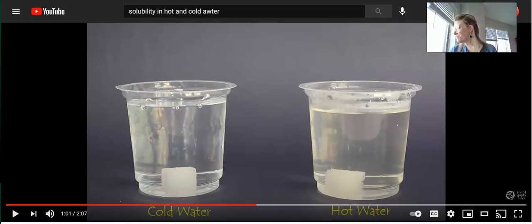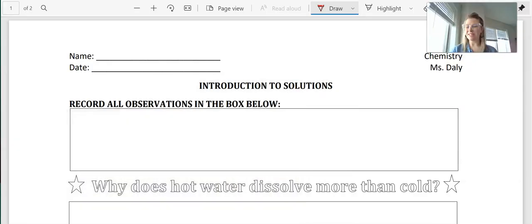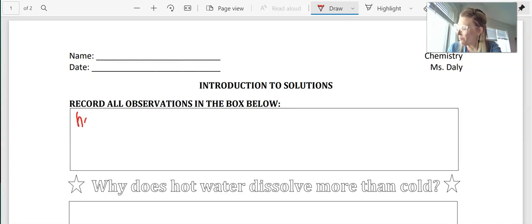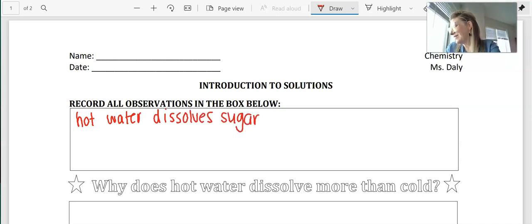All right, let's go ahead and jump into our notes sheet for today then. So I did want to just go ahead and record our observations from that. So the hot water dissolves the sugar faster. And again, I'm going to add in here, more sugar can dissolve.